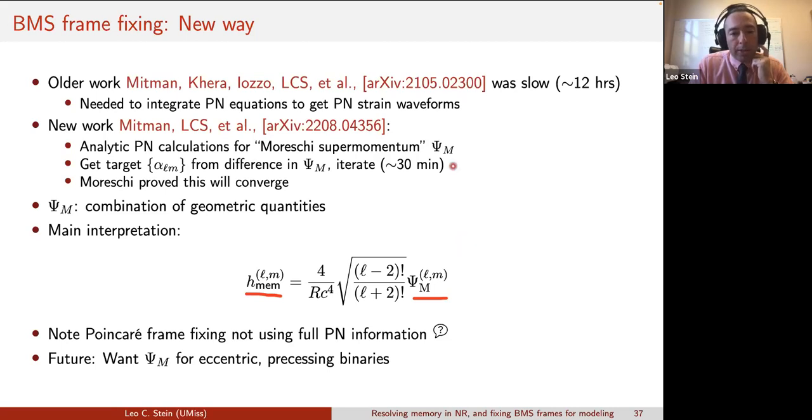So in effect, we get the post-Newtonian prediction for this quantity, and find the frame that gets our numerical relativity waveform to agree with this post-Newtonian prediction. So what we're doing, in effect, is making our memory part of the strain agree with the post-Newtonian prediction for the memory at early times.